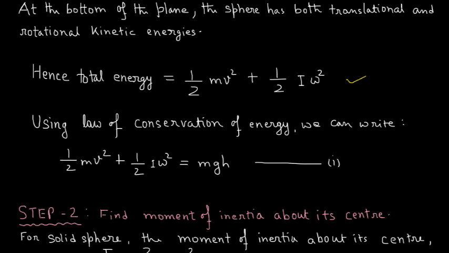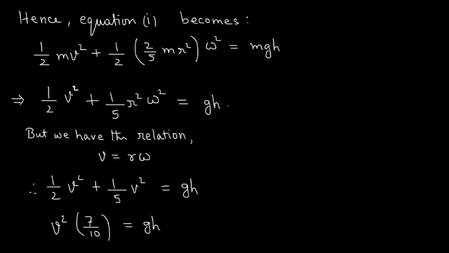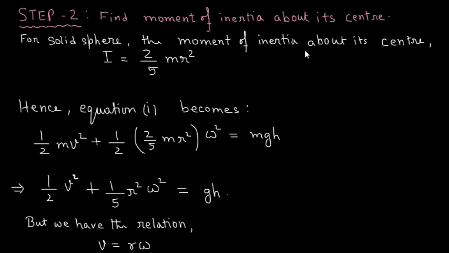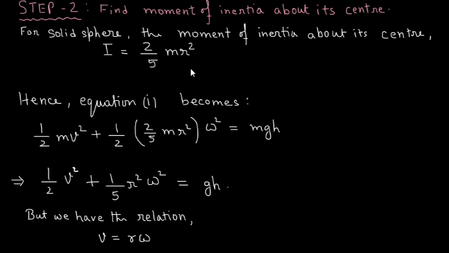In the next step, find the moment of inertia about its center. For solid sphere, the moment of inertia about its center is 2 by 5 mr square. This is a formula, we can write it directly.